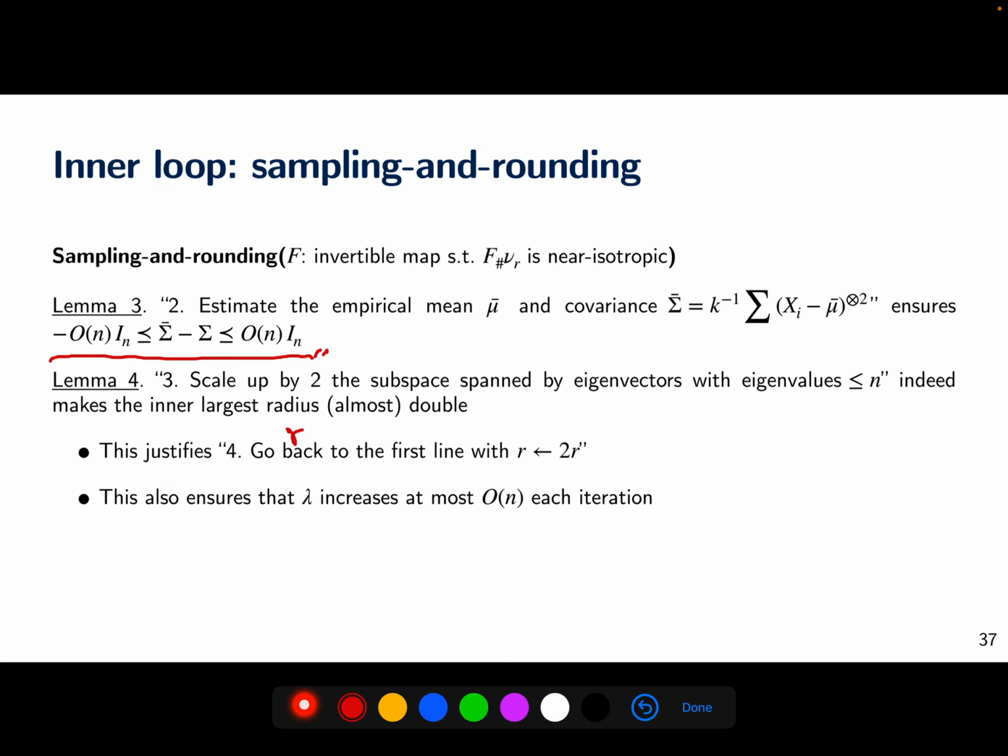And furthermore, we already note that lambda starts with O(n), right? It turns out this doubling scheme only increases lambda by an additive n. Since there are log of m many iterations of the while loop in total, your lambda, your largest eigenvalue of the covariance matrix, will remain O of n throughout this algorithm.